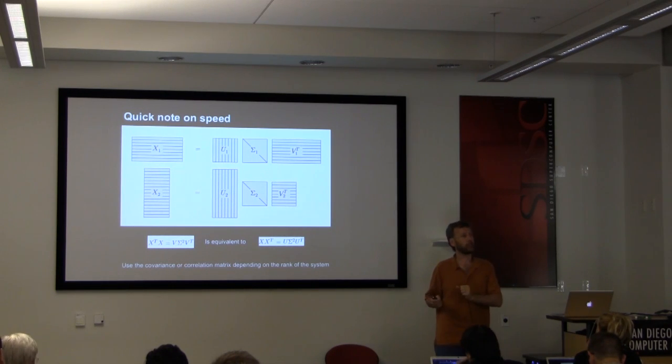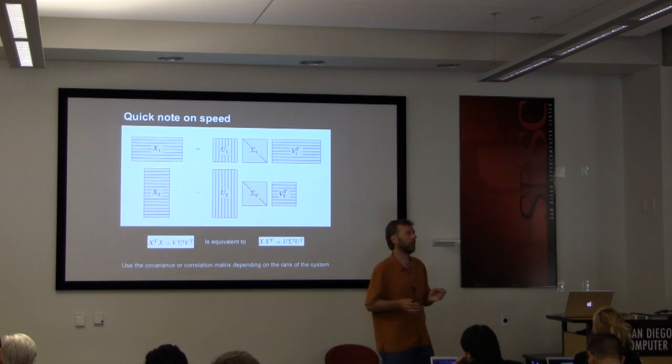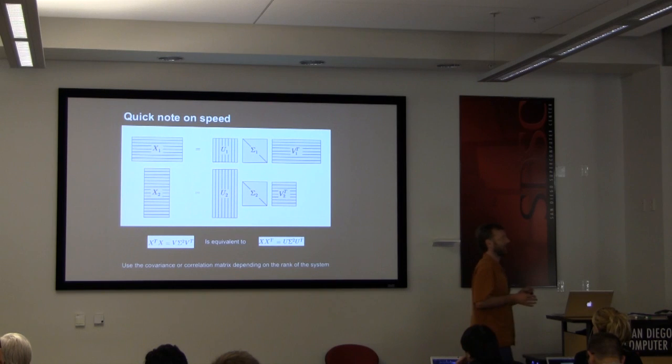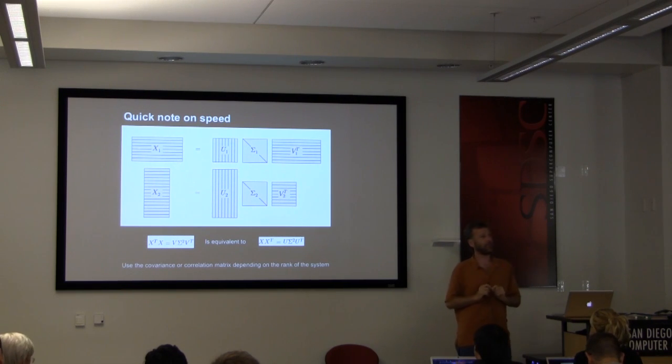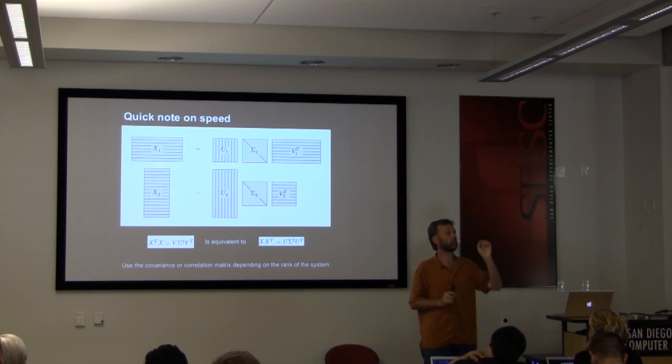or I can calculate the other matrix. I think I'm getting this back to front. So if I have a 100,000 element spectrum and I have 100 spectra, I can build up a matrix which would be 100 by 100, or I can build up one which would be 100,000 by 100,000.